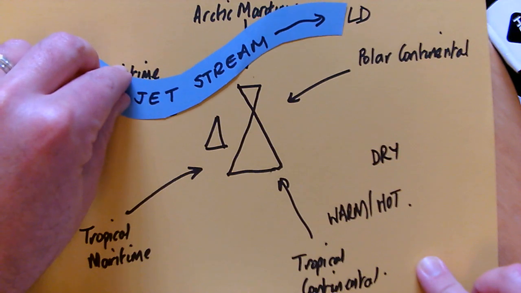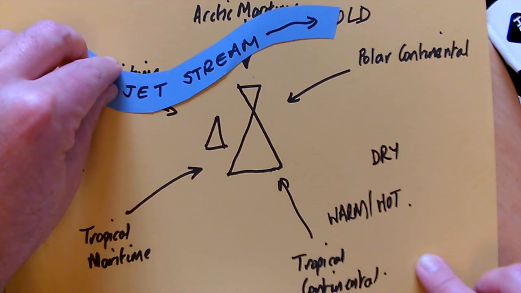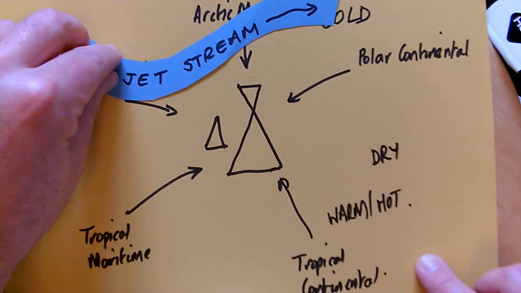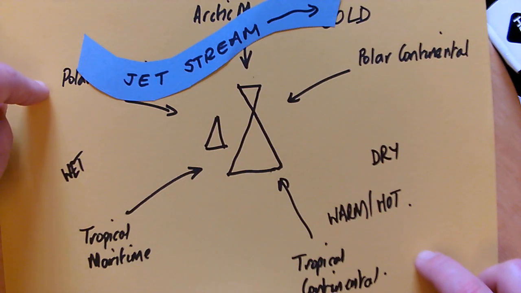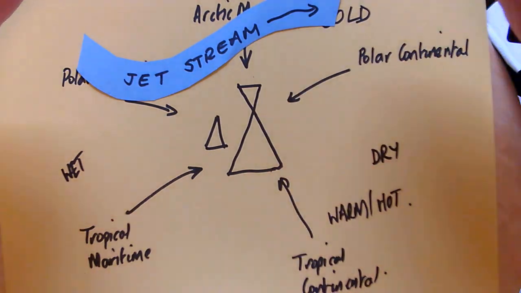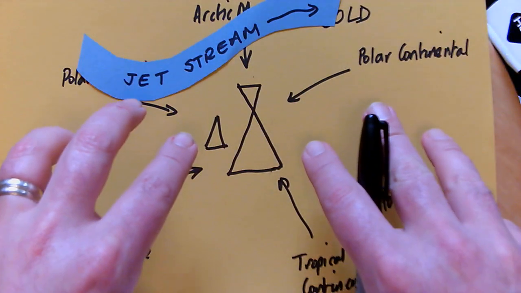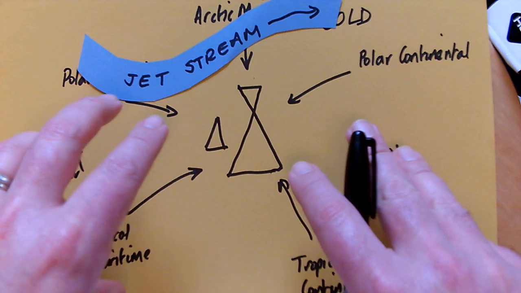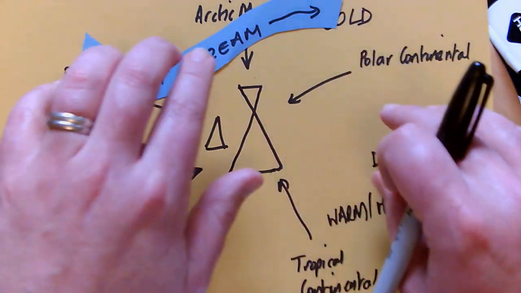Sometimes we might end up, and we have seen this recently, where we've had very unseasonal warm weather, and it's been attributed to the fact that the jet stream has moved north, and therefore the polar maritime and polar continental air that could be affecting us aren't affecting us because they stay generally to the north of the jet stream, and we're under more influence from tropical continental and tropical maritime air coming in.